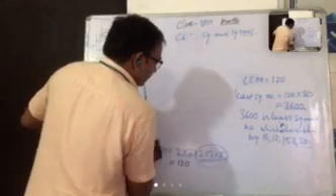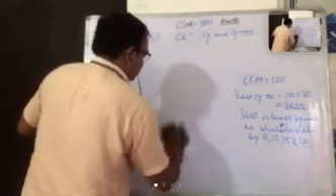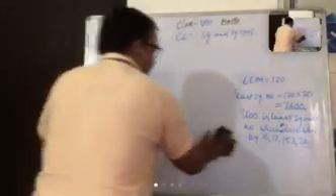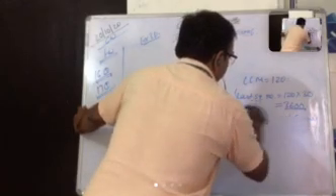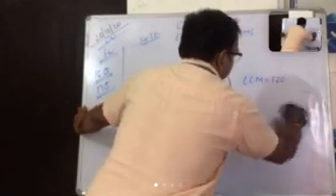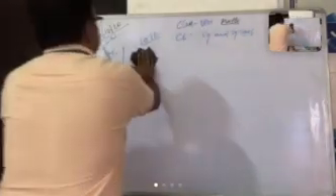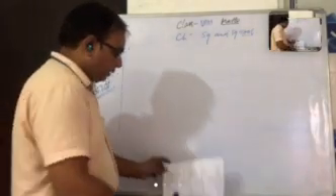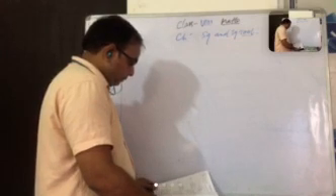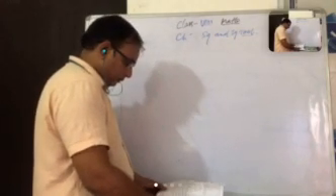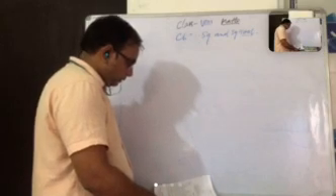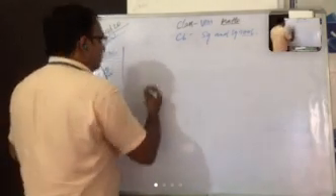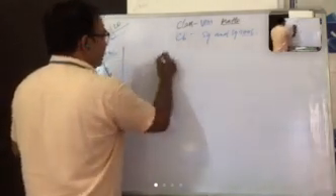Now let us start finding square root by the division method, which is also called the long division method. This is not from the example.